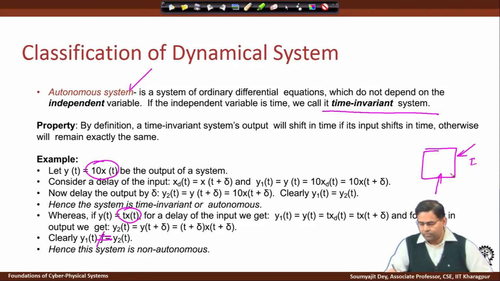Let us say you have a system which can either follow a dynamics F1 or follow a dynamics F2, and there is some external agent which tells when this system will follow F1 and when it will follow F2. That is a non-autonomous example. But if the logic of when to follow F1 and when to follow F2 is already known to the system, that means it does not have to depend on anything external to react to any environmental disturbance I, right. So, that would be an autonomous system.